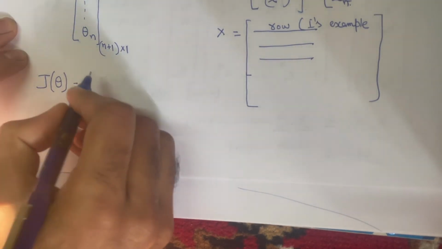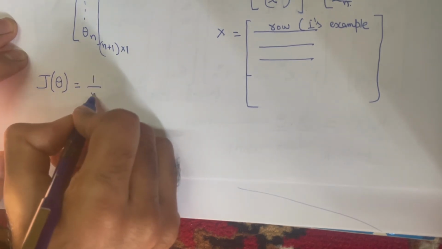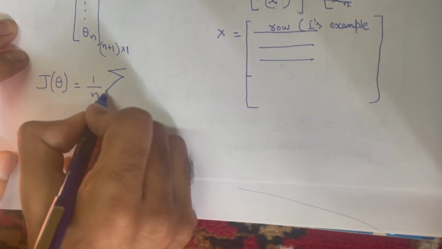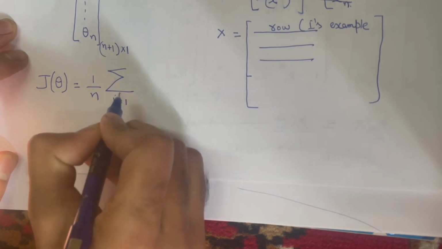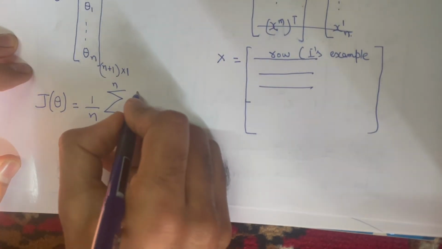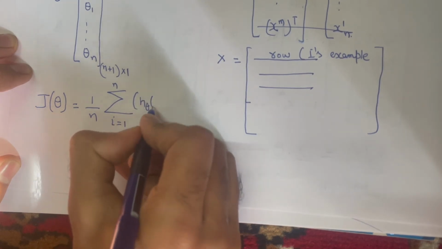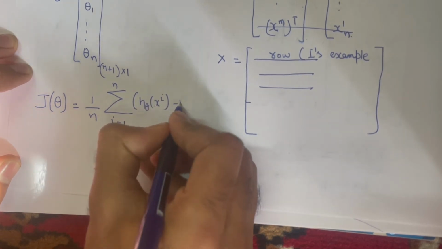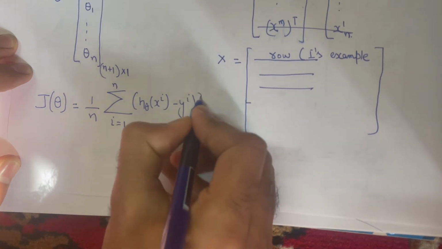So the error on some particular theta will be equal to 1 by n summation of i running from 1 to n, h of theta xi minus yi whole square.